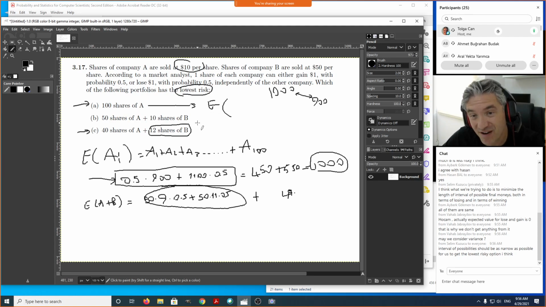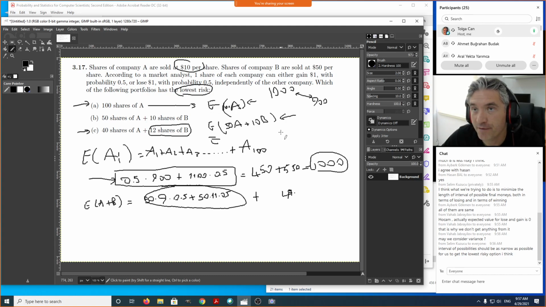The smallest variance of these variables, so the expected value of A, 50 shares of A plus 10 shares of B, we are going to look at the variances of these variables. So let's call this 100A. The smallest variance one is going to have the lowest risk, right?